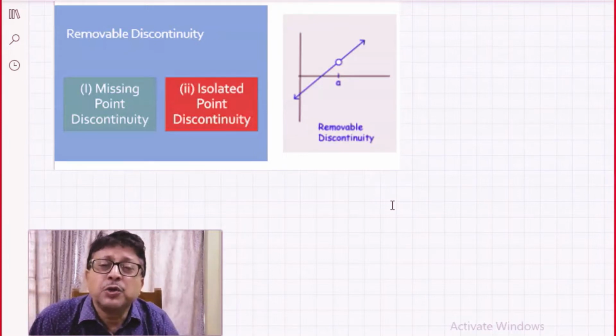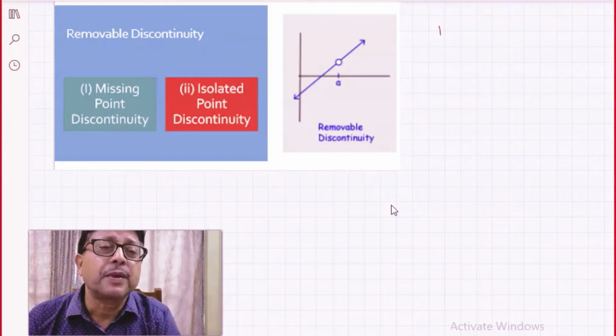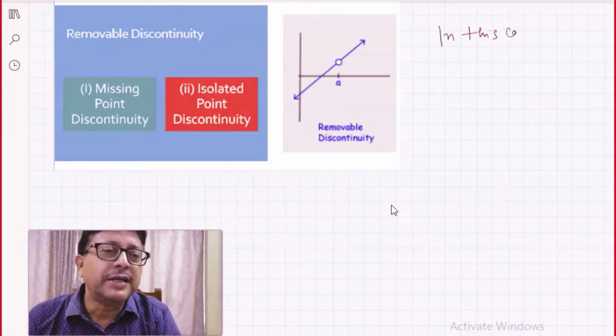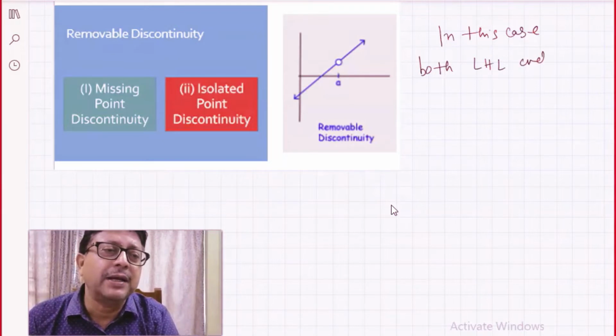Okay. So in case of removable discontinuity, both LHL, that you know very well, left hand limit, and RHL exist.